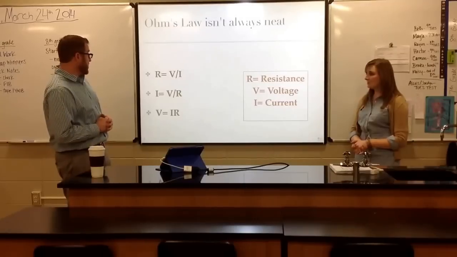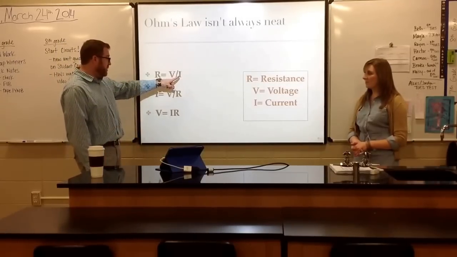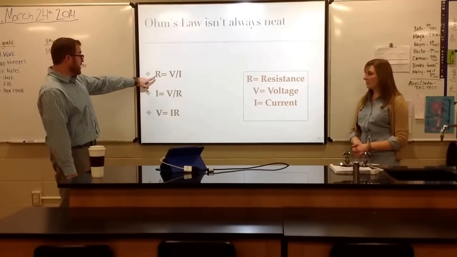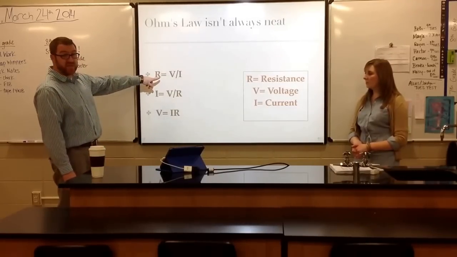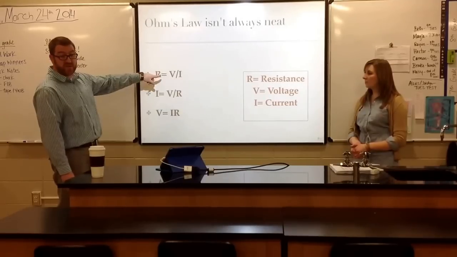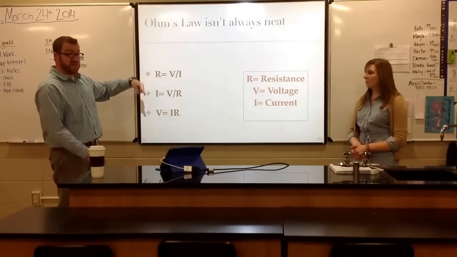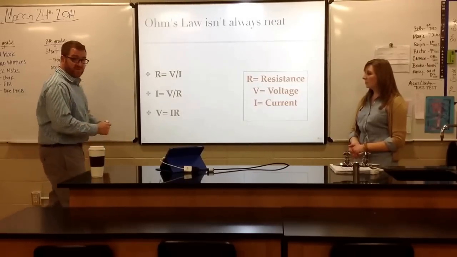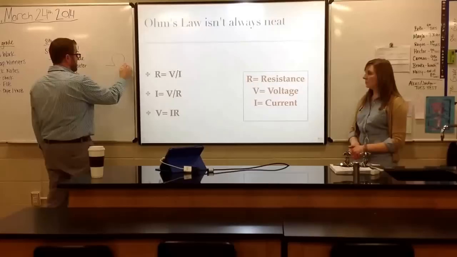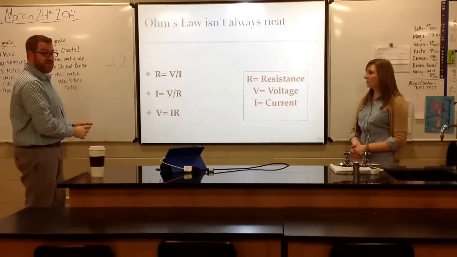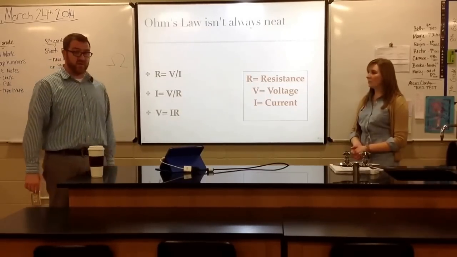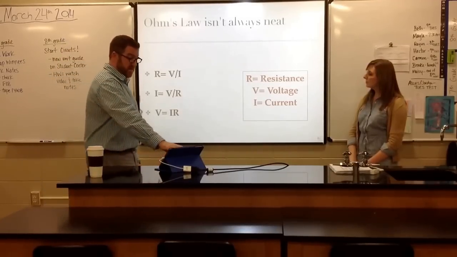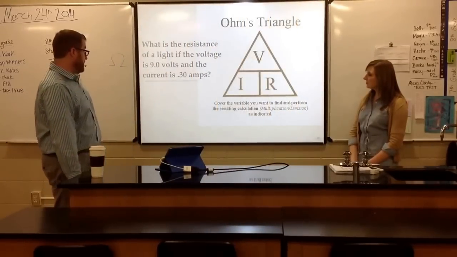Although your science book will refer to current with the variable I, and they'll throw this R out here from time to time for resistance, and in its place use, I believe, an omega. For those of you that aren't up on your Greek alphabet, that's another way of illustrating resistance.